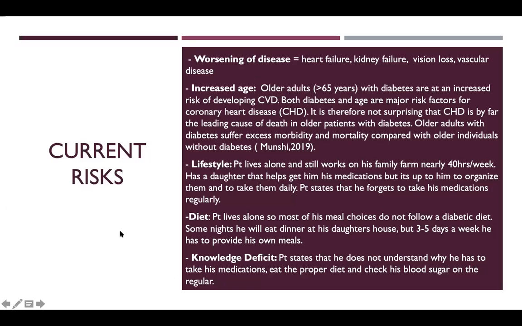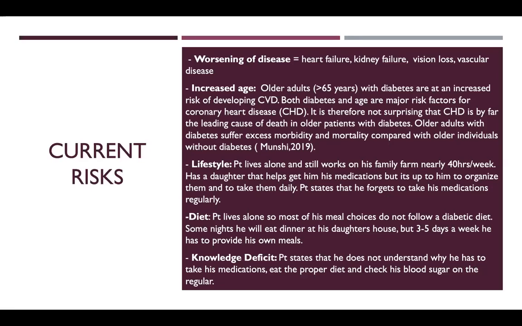So currently, Mr. JT is at risk for worsening of his disease, heart failure, kidney failure, vision loss, and vascular disease. This was really stressed to him during this appointment: with his diabetes, he has to control and manage it, or he will be at risk for all these other problems.